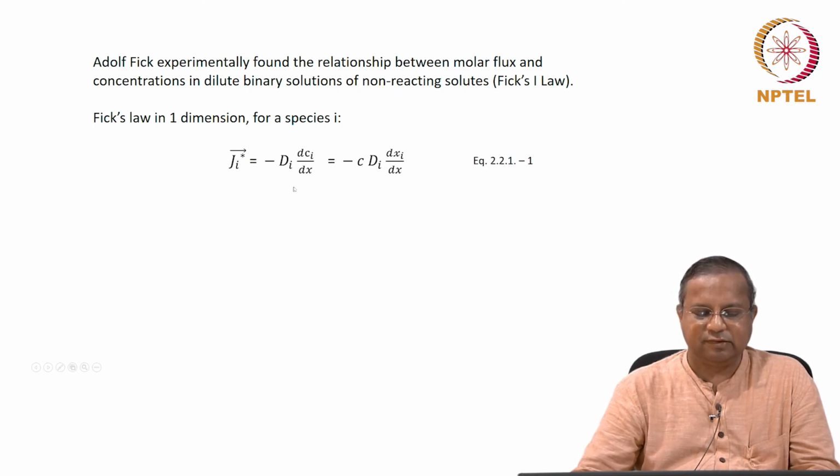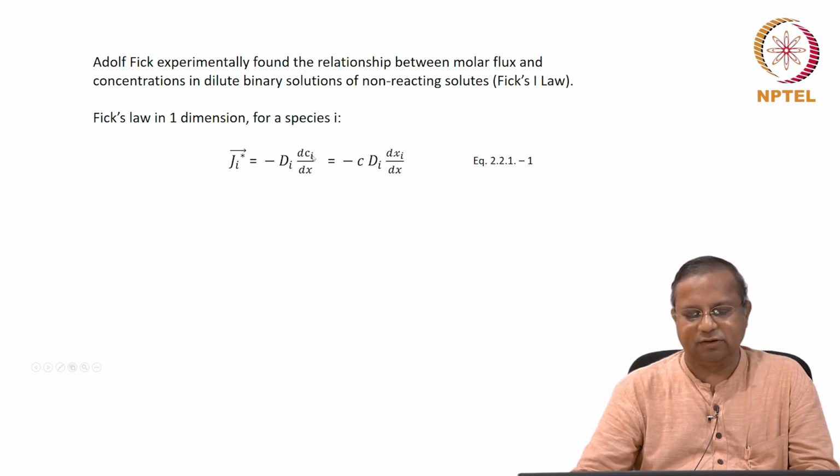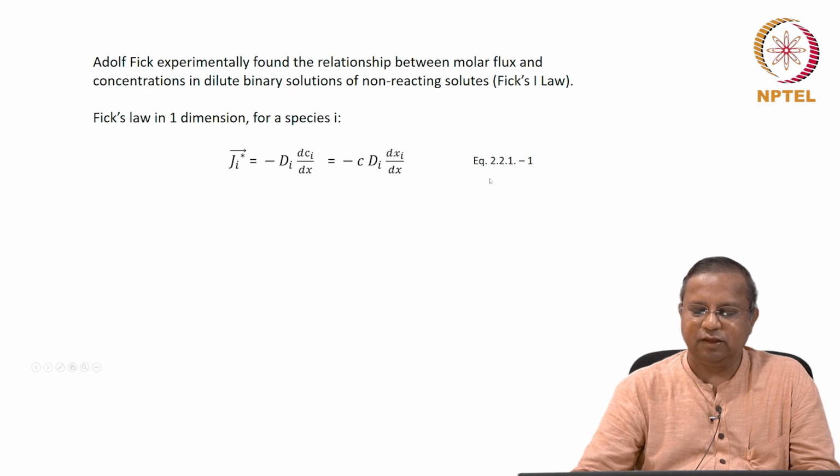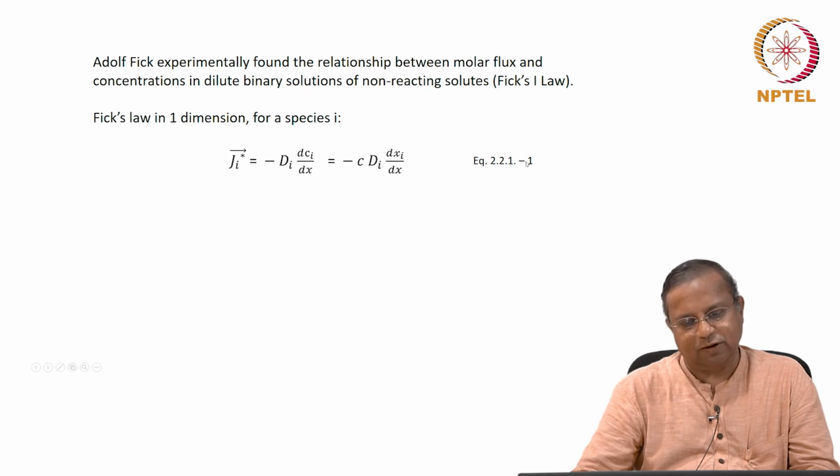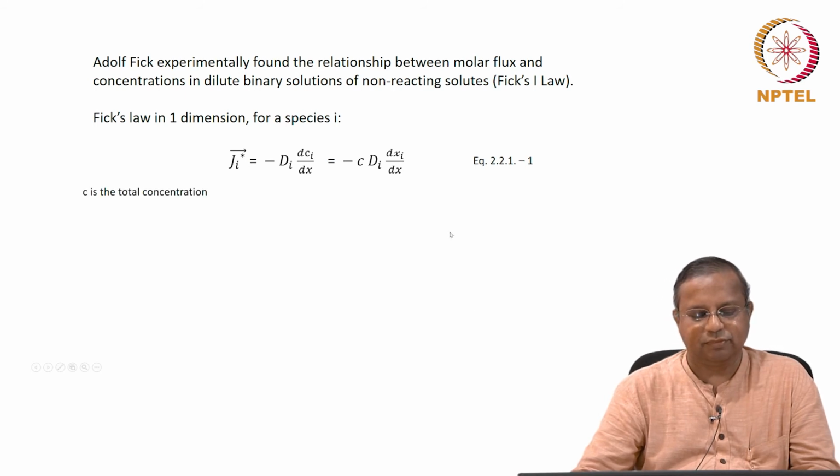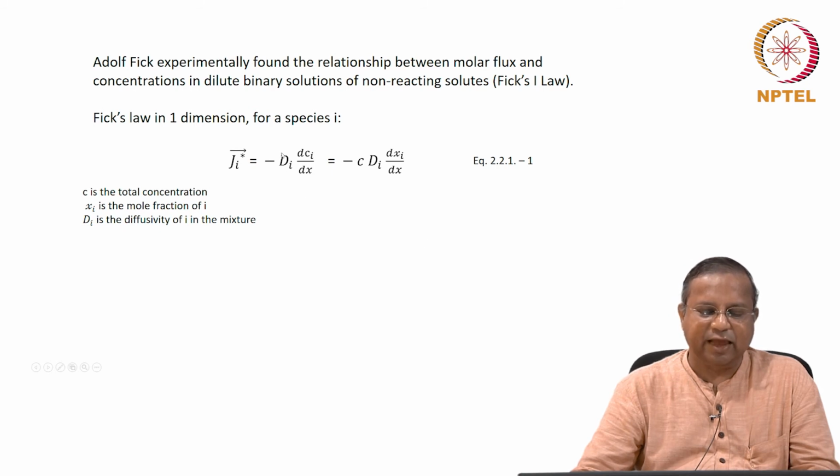This is an important equation, the constitutive equation, Fick's first law, which relates the molar flux with the concentration in dilute binary solutions. We will call this equation 2.2.1-1. This Di, the capital Di, is called the diffusivity of i in the mixture.